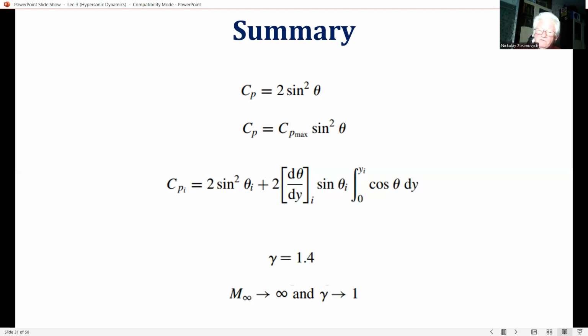In both cases, for gamma equal to 1.4, the centrifugal force correction leads to poor results and should not be used, because you should keep in mind that the centrifugal force correction, although theoretically consistent with mechanical principles, is quantitatively correct only in the combined limit, when we have very large Mach number and when gamma goes to 1.